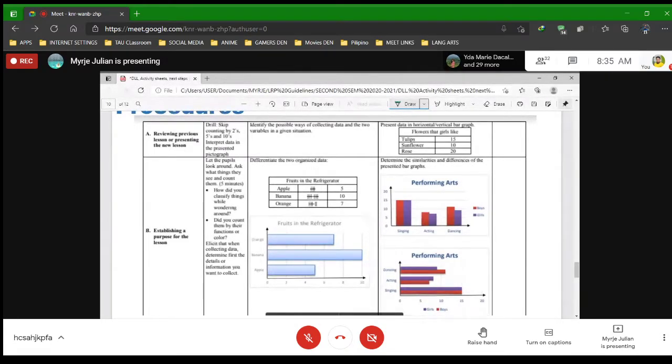And ang importante dito, dapat yung procedure ninyo ay aligned doon sa objectives ninyo, and yung objectives ninyo ay aligned doon sa assigned learning competencies ninyo. Dapat mayroong alignment sa buong learning material or learning lesson plan na ginawa ninyo.